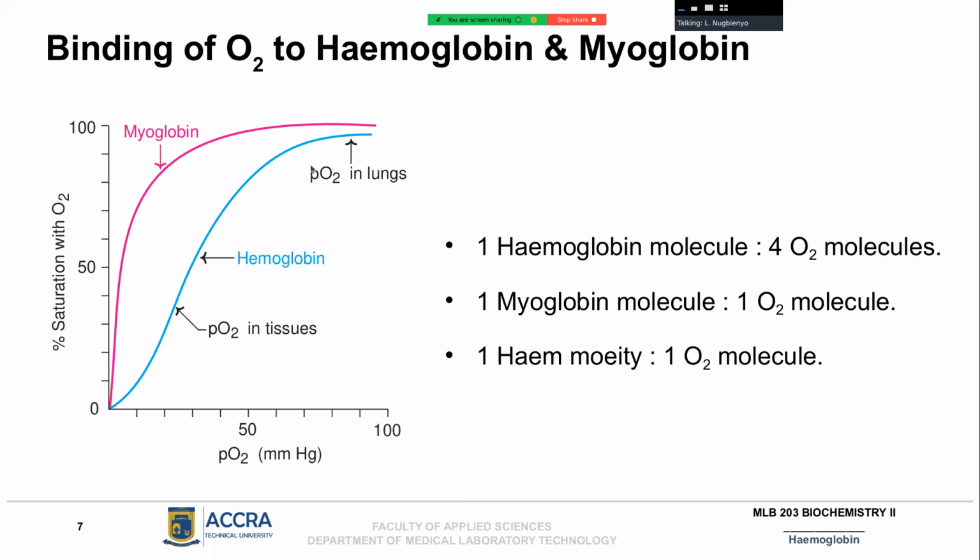And so you realize that this gets saturated at a much lesser rate than for myoglobin. And of course, the saturation is happening in the lungs. And then down here will be in the tissues where oxygen is released from the hemoglobin.